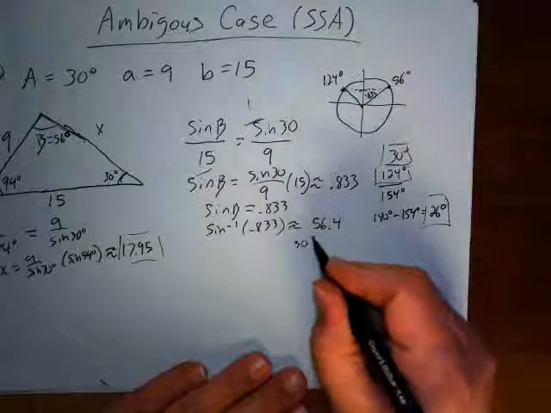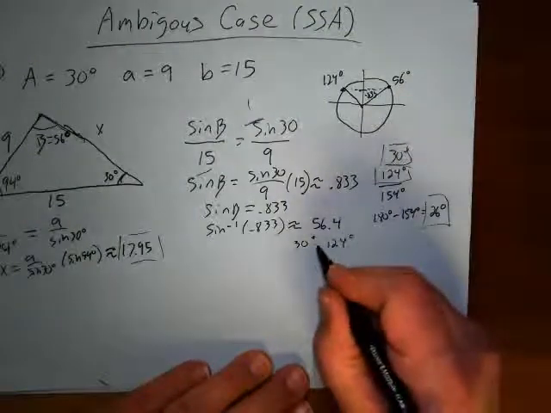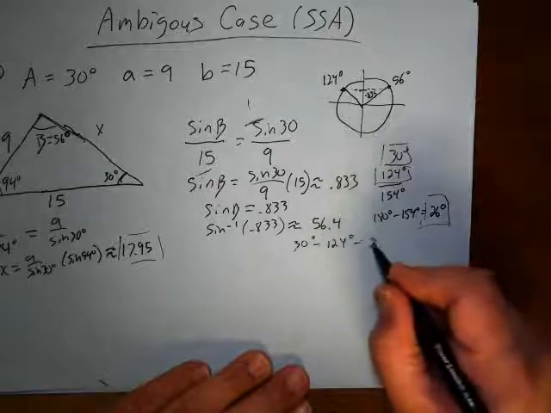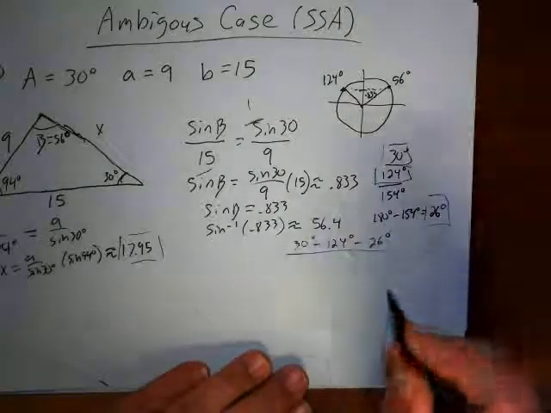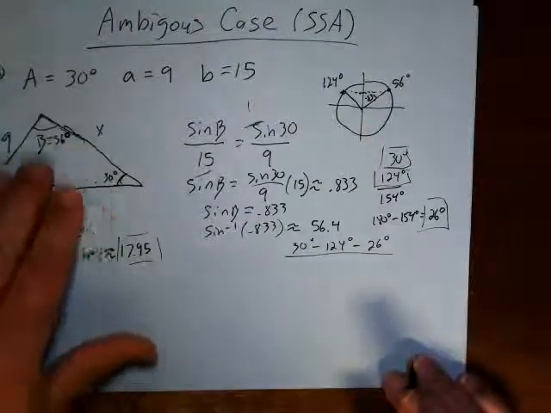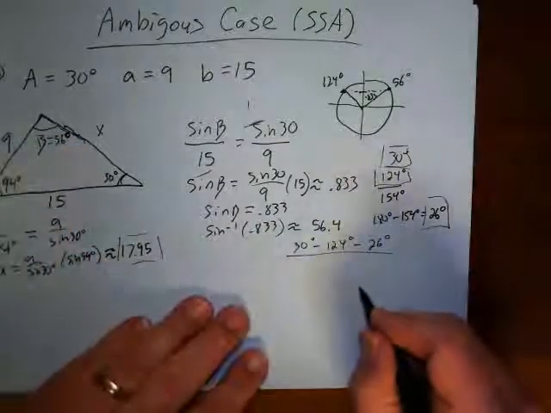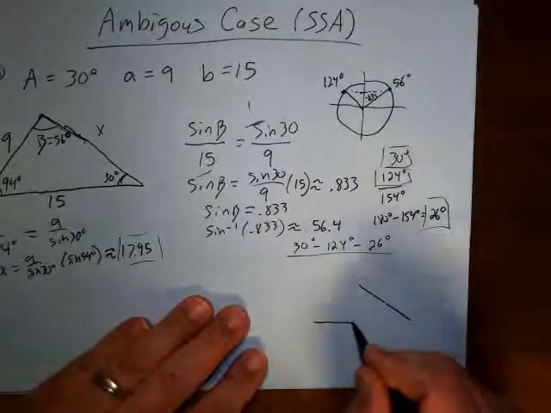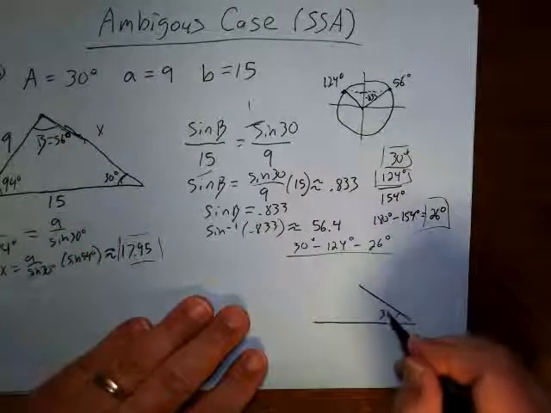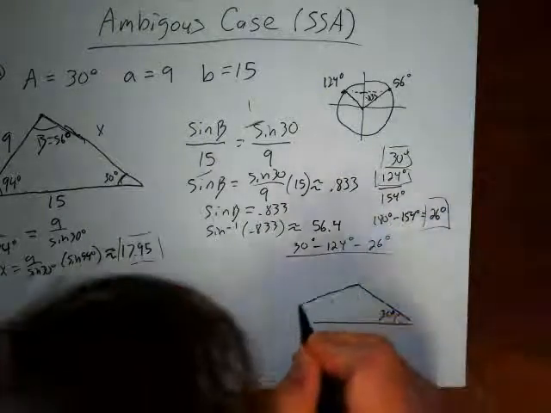So I'm going to try to draw this. 30, 124, 26 degrees. And as it turns out it's going to be more like this angle, because this is my B here. Okay, so you have that 30 degree here, right? 30 degree, and then the 124 is kind of like this.